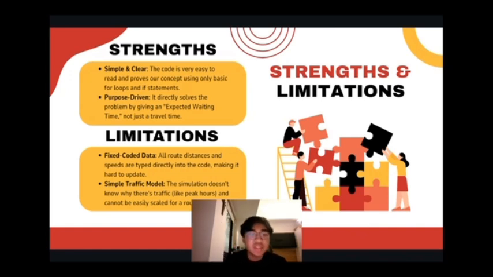But for the limitations, I'd say it has fixed code data, where all the routes, distances, and speeds are typed directly into the code, making it hard to update. It also has a simple traffic model, where the simulation doesn't know why there's traffic, like peak hours, and it cannot be easily scaled for a route with 30 stops.